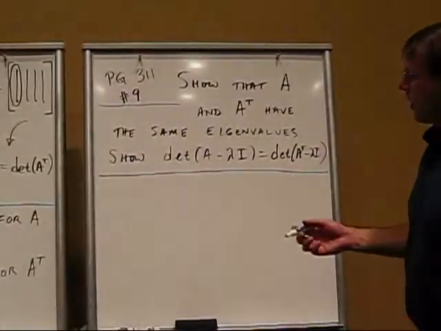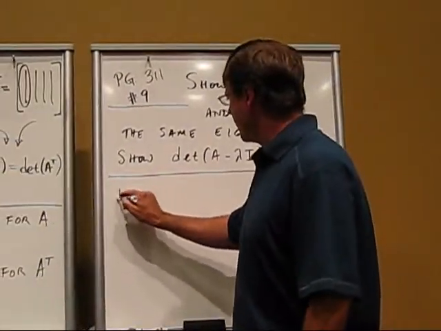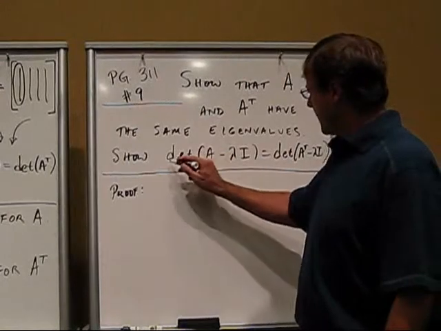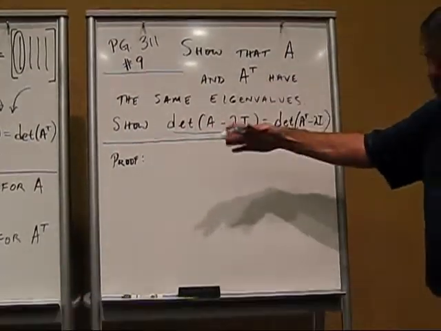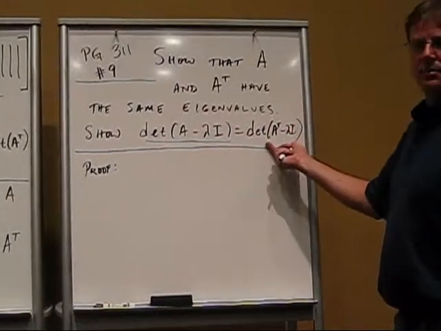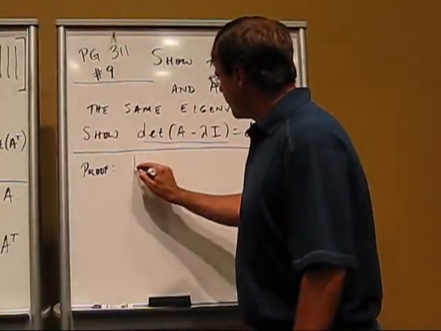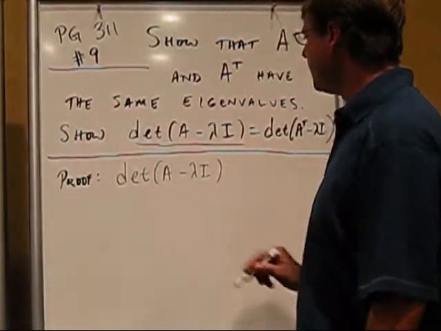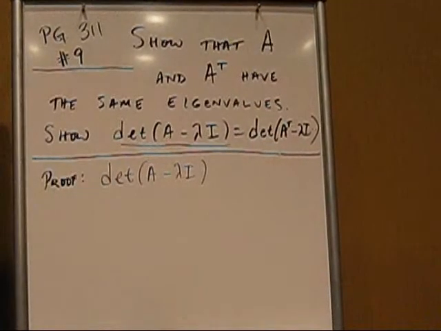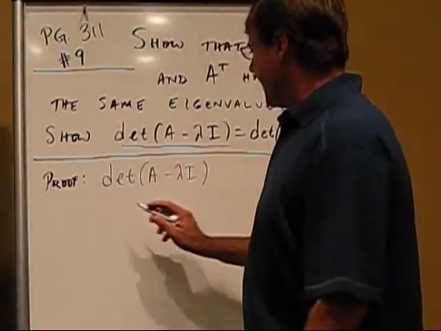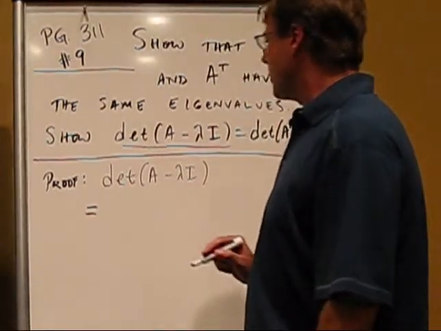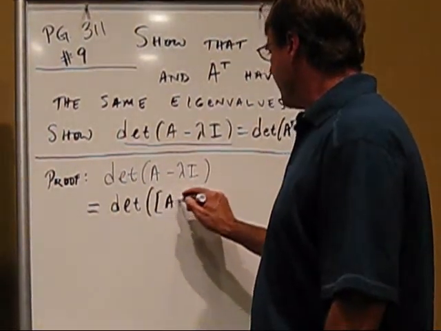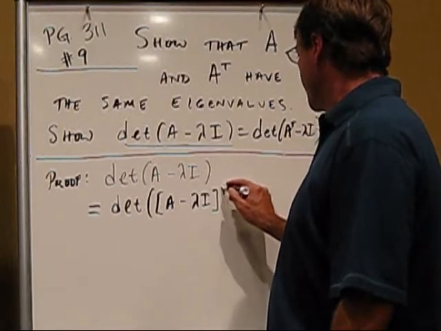Okay, let's get started. So what I want to do is I'm going to write proof. That indicates the start of my proof. I'm going to start with this symbolism, and I'm going to logically deduce that it must be the same as this symbolism. So here we go. Determinant of A minus lambda I. Well, the first thing that I'm going to do is I'm going to say that this is equal to the determinant of (A minus lambda I) transpose.